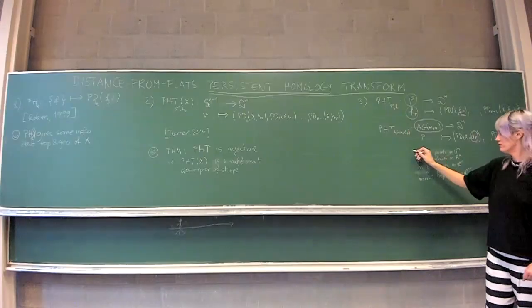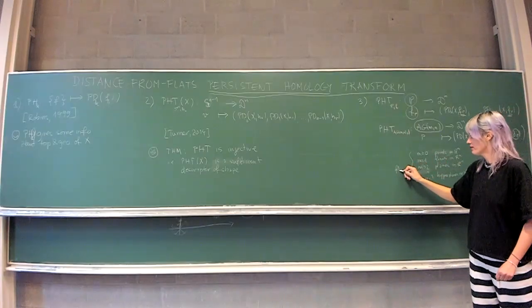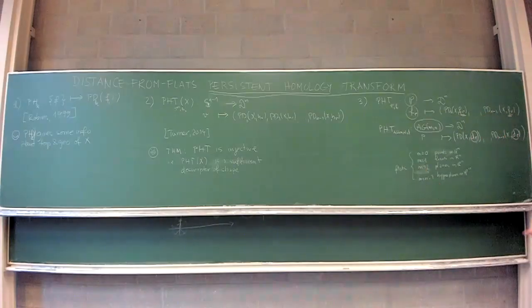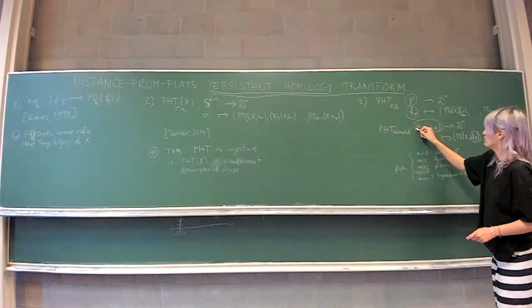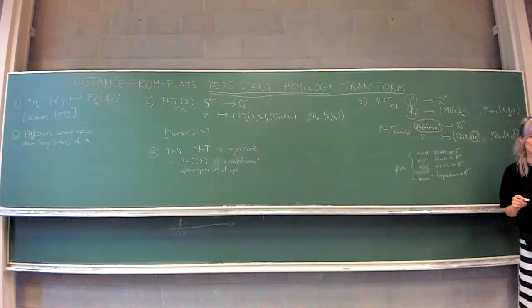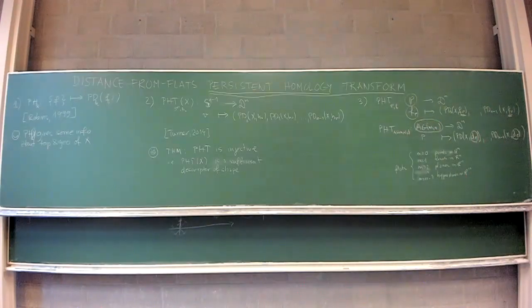So these things are called flats. So this is the domain. I think it's a slight abuse of notation compared to what you often find in the literature on Grassmannian affine spaces. And then this filtration function that we look at is just distance from a flat.